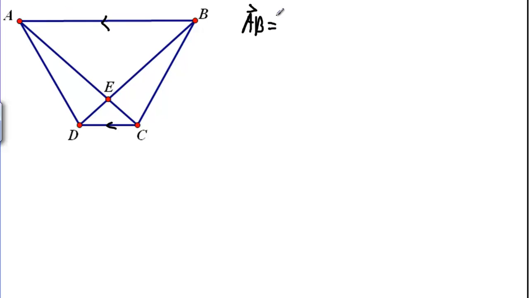So vector AB, when I write it like this, represents the vector from A to B. Now, there are other ways I can get that length AB, by adding a couple different vectors. And what we can do is triangle law. So for instance, if I want vector AB, I can use the point E. Vector AE would go from A to E, and vector EB would go from E to B.